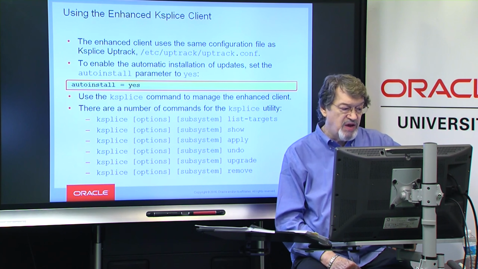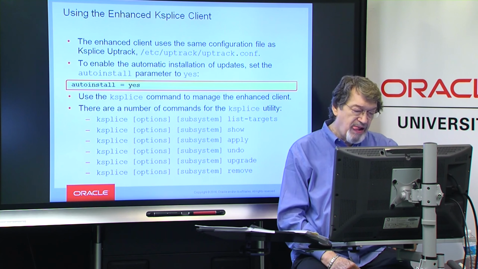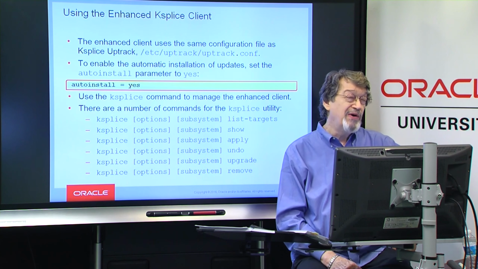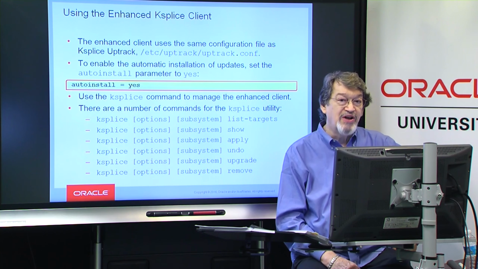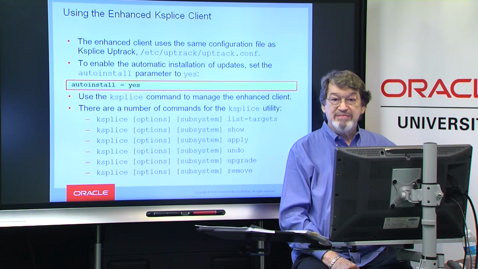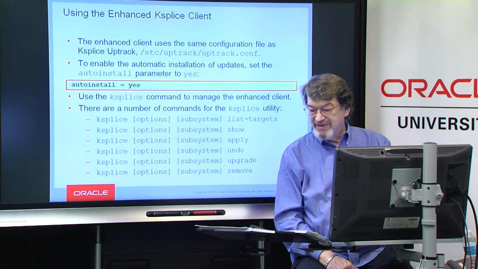And so I think I want to know what I'm updating as opposed to just letting it go out and install anything that's there. But you may have a different comfort level than I do.